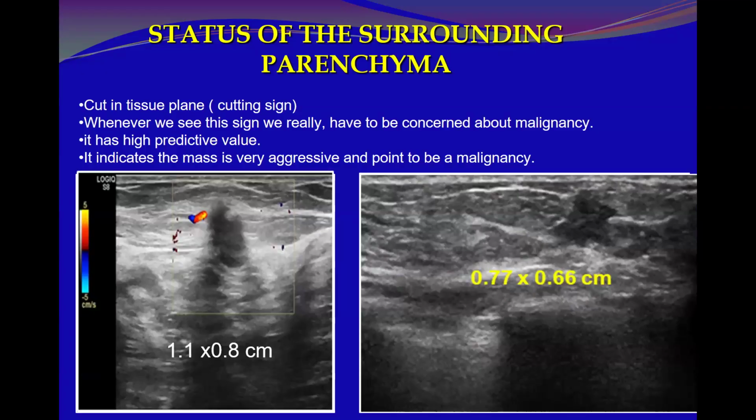These are also my patients, okay? This is a 1 centimeter invasive cancer, and this is also sub-centimeter, a 7 millimeter cancer. But look for this cutting sign. Sometimes you might see granulomatous mastitis, you might see sclerosing adenosis, all these are mimickers of cancer.